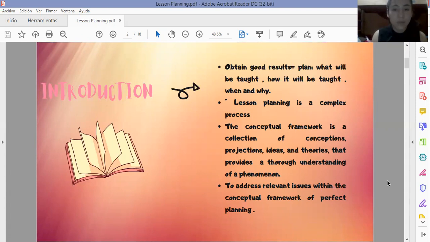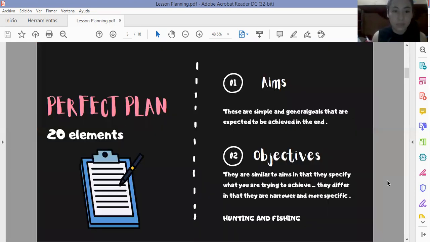Second, the conceptual framework is a collection of conceptions, presumptions, projections, ideas, evidence, and theories that provides us an understanding of a phenomenon. In this case, the phenomenon is planning. Thus, this report aims to address relevant issues within the conceptual framework of perfect planning. Next, please.